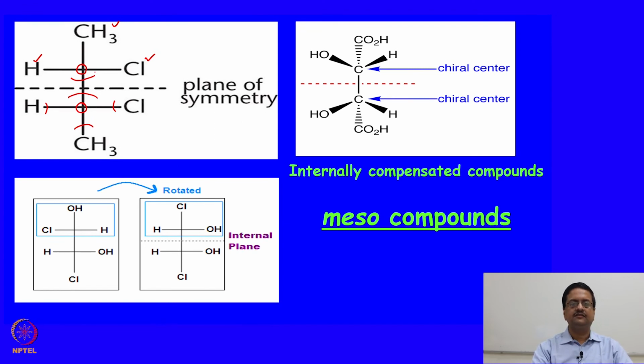So both the carbon centers are chiral, but overall the molecule has a plane of symmetry. The molecule has a mirror plane, and therefore the molecule is not chiral. This type of molecule is called an internally compensated compound or a meso compound.